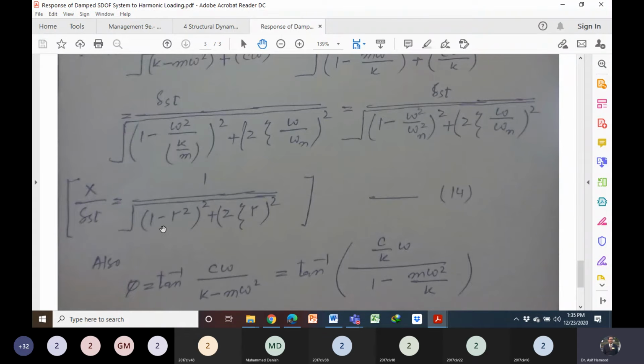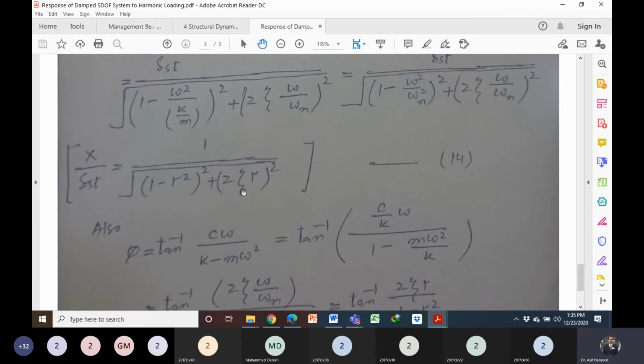And this expression is the same as we have already derived for the undamped case, zeta equal to 0. This is what we discussed just now: 1 minus omega over omega n whole square. So this is the same, 1 minus r square when damping is equal to 0. So this is a similar expression when we consider damping zeta equal to 0.